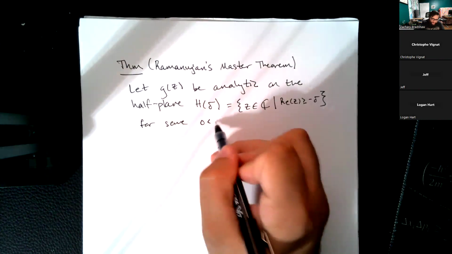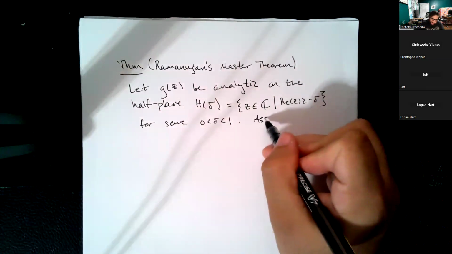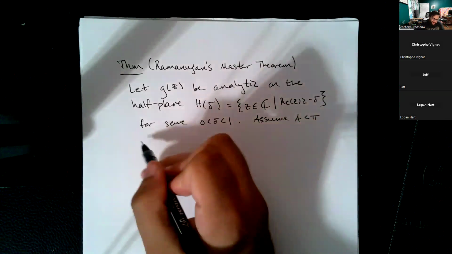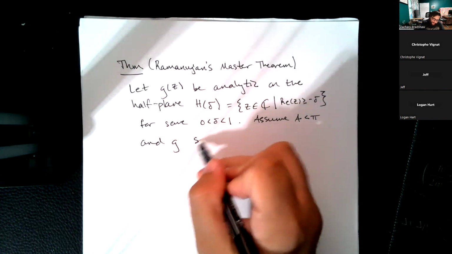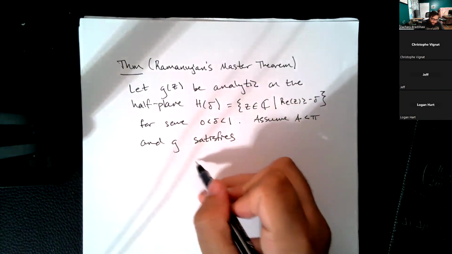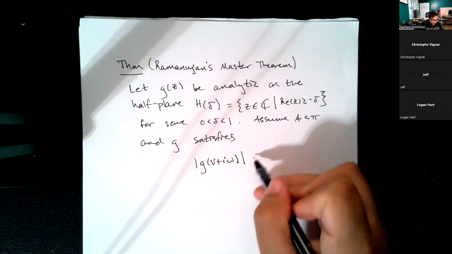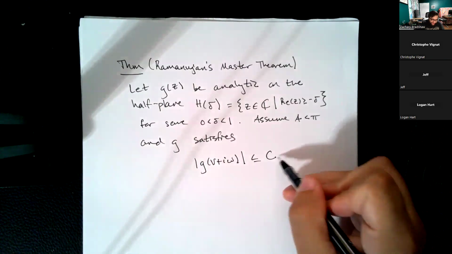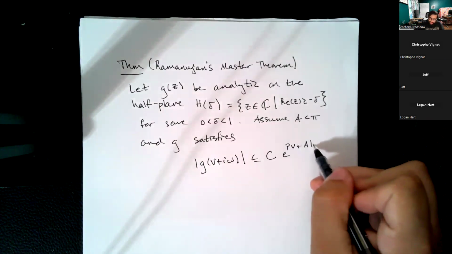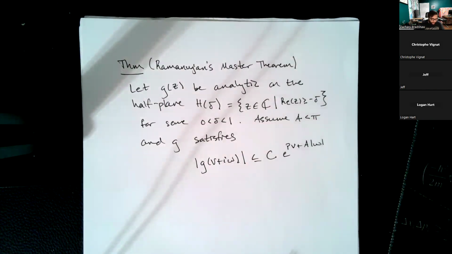We have to assume that A is less than pi and g satisfies a growth condition, which looks like the absolute value of g of v plus iw is less than or equal to a constant C times e to the pv plus Aw, where this A again is less than pi.